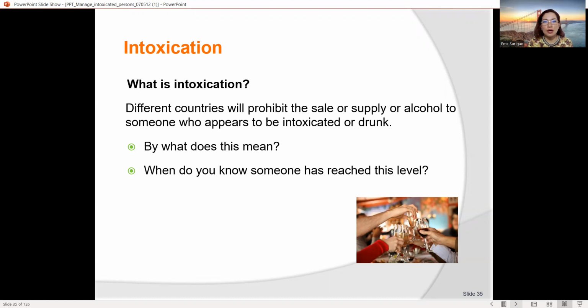The voice and the way he talks have a different effect, like he cannot talk well. If you ask him something, he cannot hear you anymore because his judgment and inhibitions are affected, and the effect of alcohol has set in already.